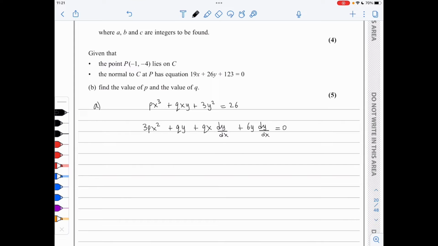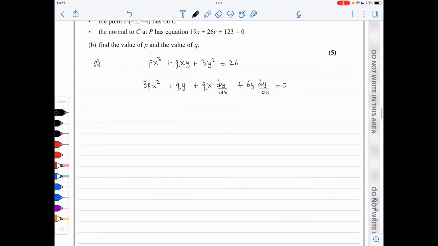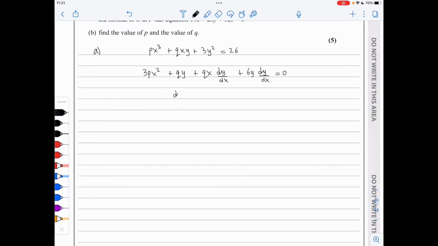I will collect the dy/dx terms on one side, the rest on the other. So dy/dx brackets qx plus 6y is equal to minus 3px squared minus qy, which means that dy/dx is minus 3px squared minus qy, and all of it over qx plus 6y.